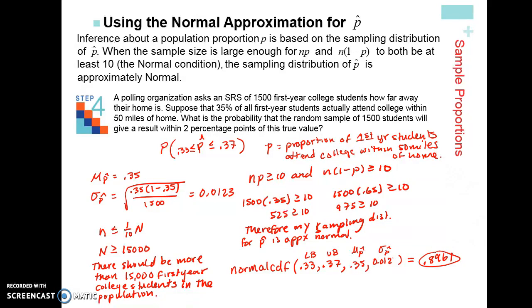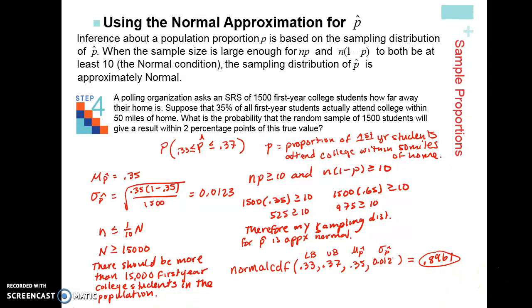So, in other words, I have close to a 90% chance of collecting a sample that has a p hat that is within 2 percentage points of the actual value of p, which is kind of cool because remember how I was saying earlier, within the year, I can tell you how accurate my sample is going to be, right?